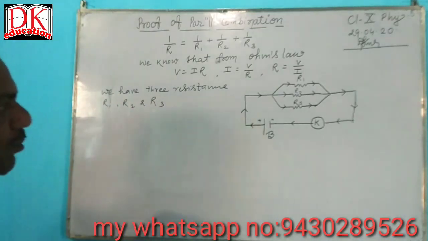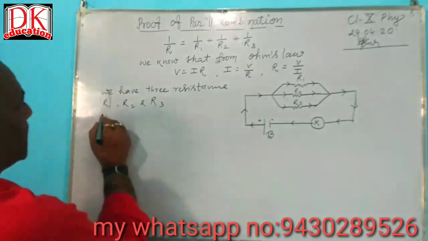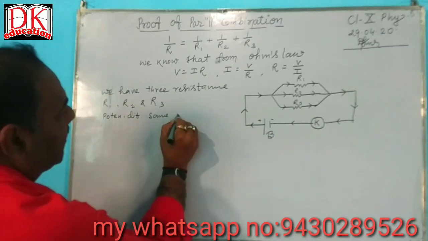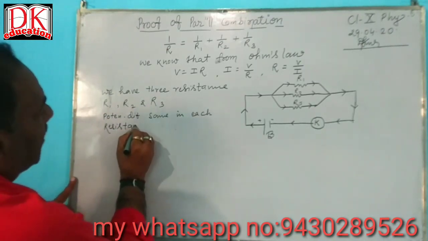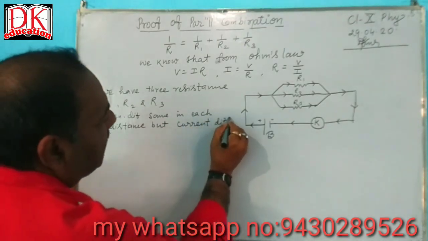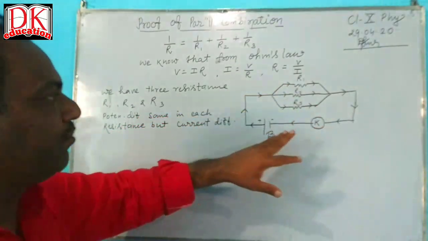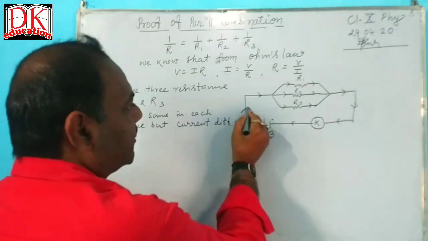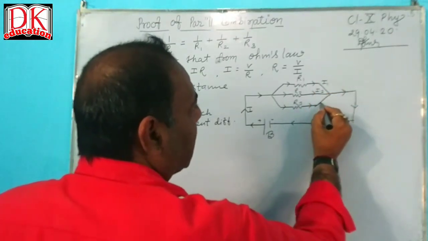The potential difference is the same in each resistor, but the current is different. Now we see that the potential difference is the same in R1, R2 and R3, but the current I is distributed. I divides into I1, I2 and I3.